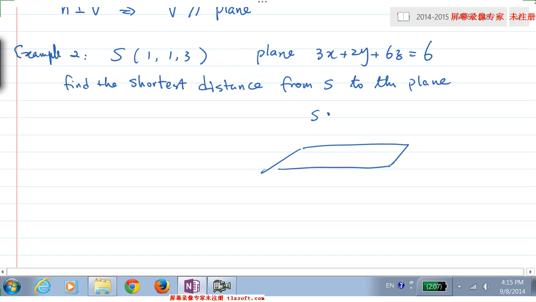But in this case, what you are looking for is the shortest distance from S. So drop the S to the plane, and we're looking for this distance. Maybe I'll use a D here. Looking for the D distance. Up to this stage, you actually have all the information.